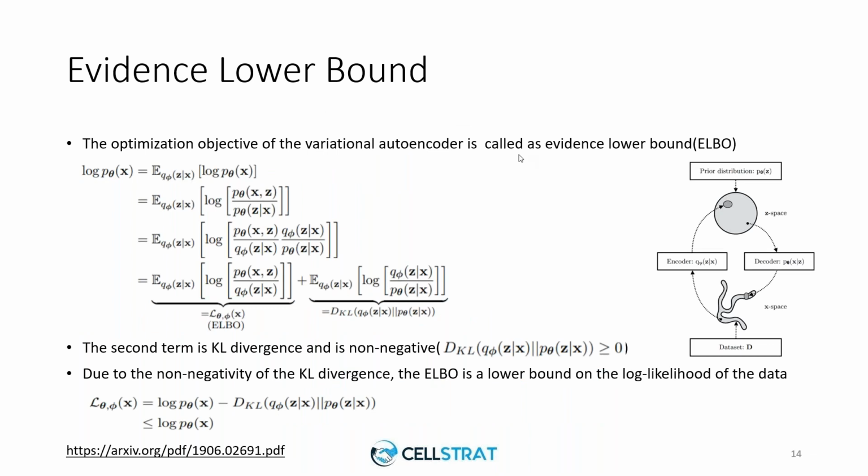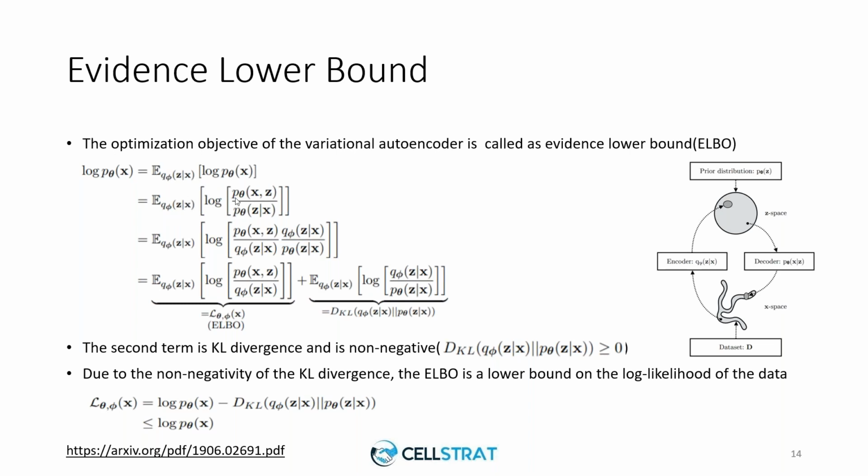Next is the evidence lower bound. So what is the evidence lower bound? Now, this is our log likelihood. Basically, the purpose of the evidence lower bound, or variational lower bound, is to optimize variational autoencoders. This is our log likelihood, with respect to the expectation of the approximate distribution that we have.